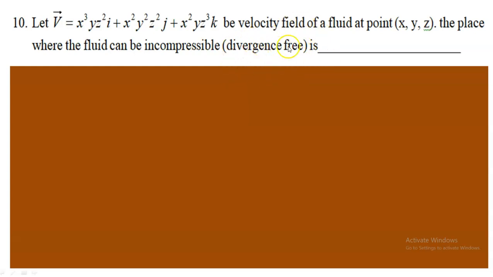In order to know that, you have to look for the divergence of this v, and the divergence has to be equated with 0, because it is at 0 that we don't have either a sink or a source. So we have to look for the place where the divergence is 0, because that is the divergence free condition.